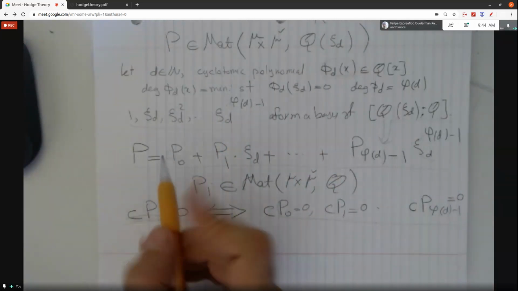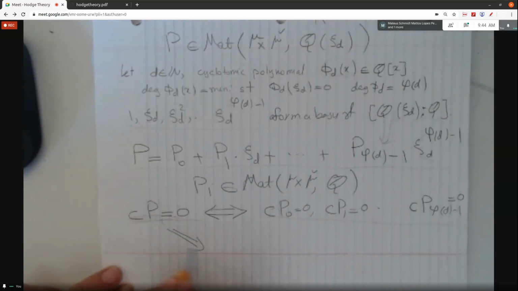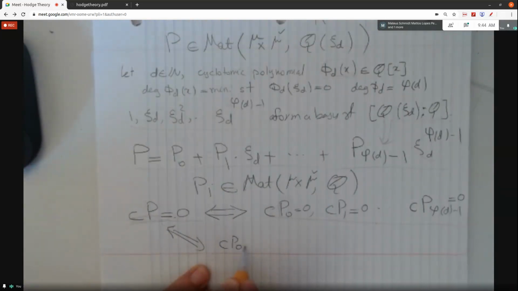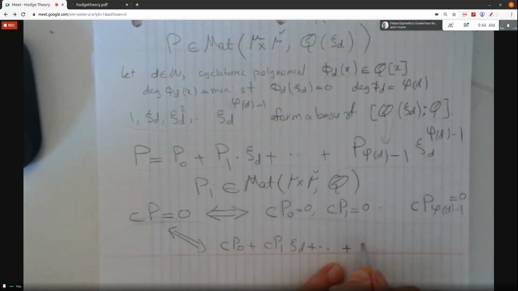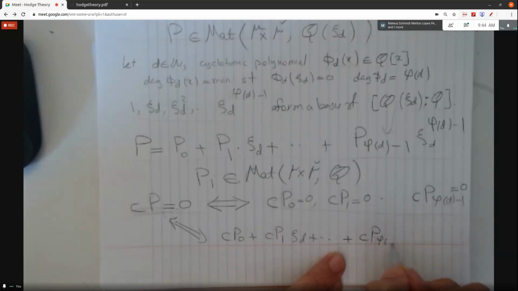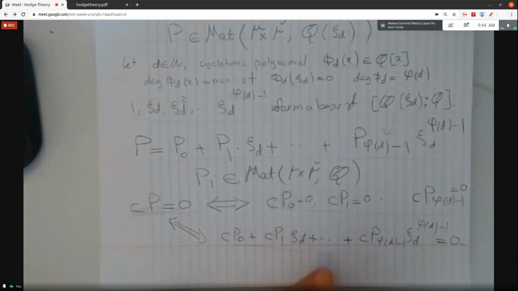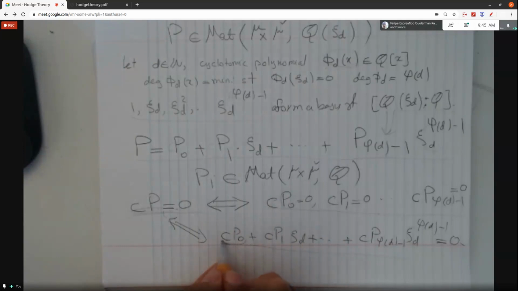So this means that if this is Cp0 plus Cp1 zeta_d and so on, plus Cp_{phi_d minus 1} zeta_d to the phi_d minus 1 equal to 0, since there is no relation and now these are all matrices with rational coefficients, each entry will give me a linear relation between 1, zeta_d and zeta_d to the phi_d minus 1.